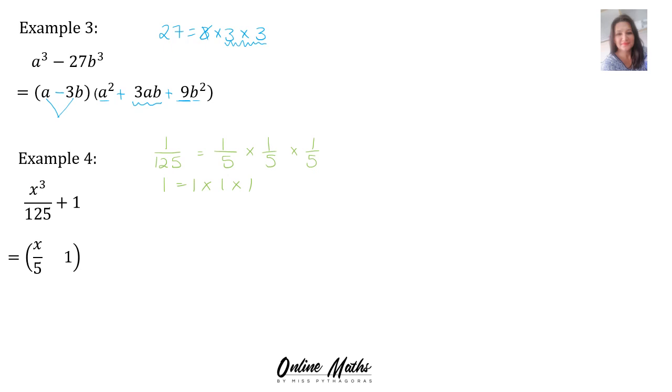Then in your big bracket, what's left will be x squared over, you used one of the fifths, so therefore a fifth times a fifth is 1 over 25. And then you use the 1 times 1 is 1. Where does the middle term come from? It's x over 5 times 1. And your signs, since this is a plus, will be plus, minus, and a plus.